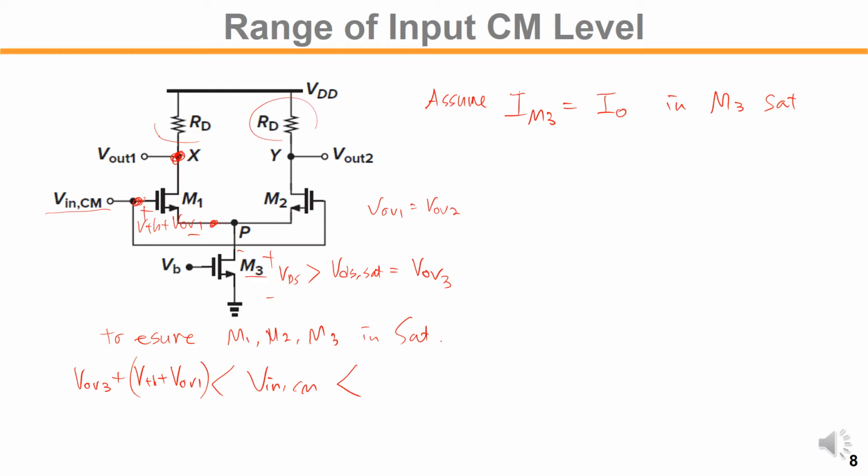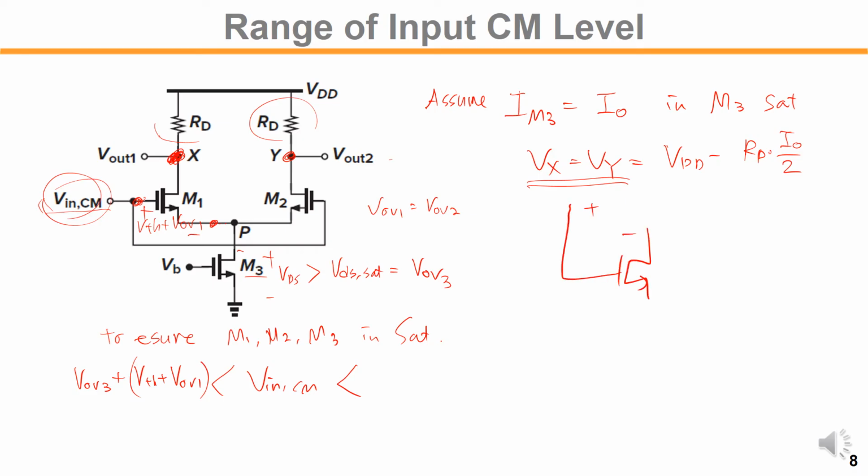So the output voltage will be what? Just fixed. How much? Vx and Vy will be VDD minus RD times half of the current. So this is the output voltage. Since the output voltage doesn't change for this input common mode variation, we know the maximum input voltage will be what? Until the voltage difference is the threshold voltage difference.